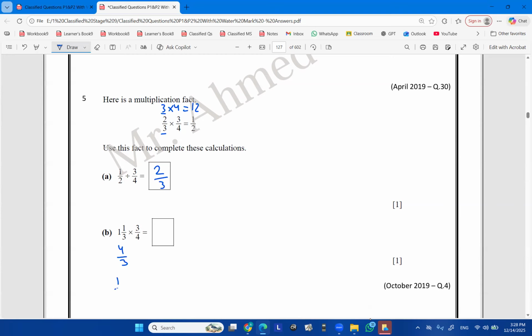So it is half times 2, which is half of 2, which is 1. The answer is just 1. Okay, that's what we've done. We doubled the 2/3 to be 4/3, but they word it as a mixed number. 4/3 multiplied by 3 over 4 is just 1.